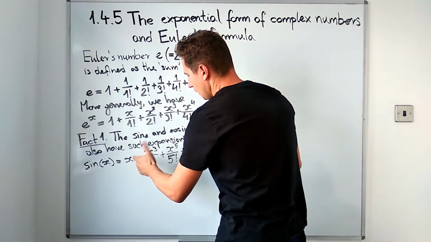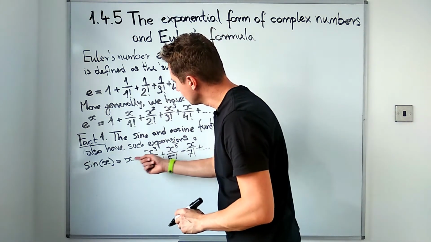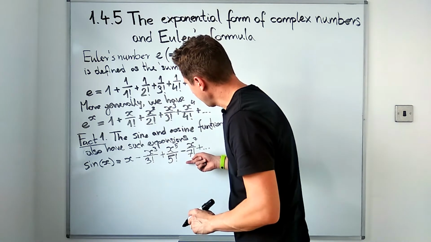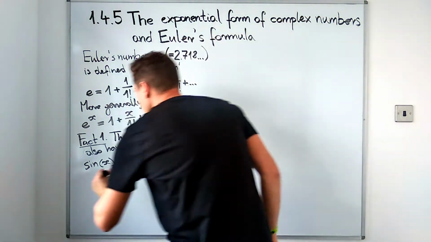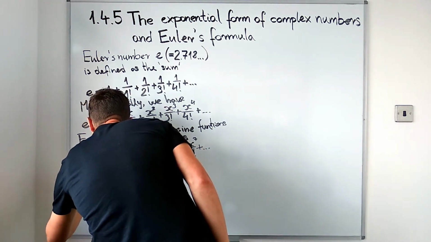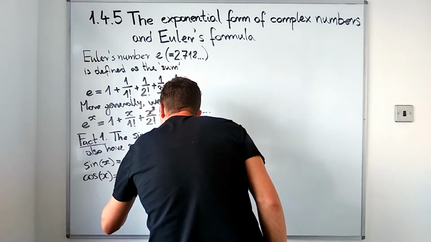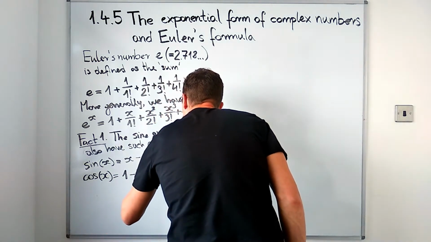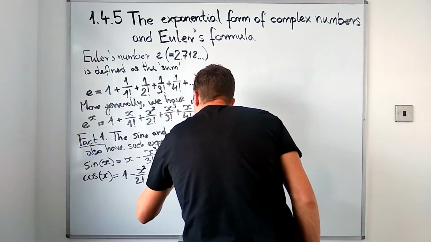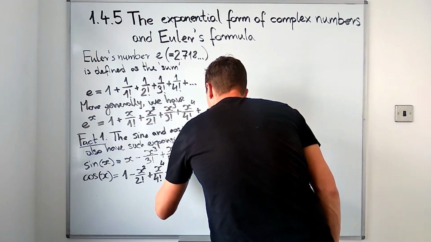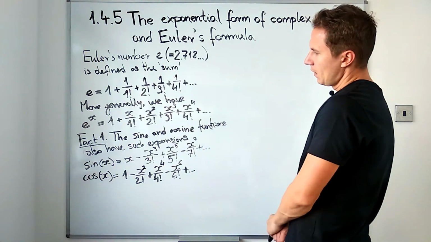The signs take turns, plus and minus, and we divide these powers of x by the factorials of odd numbers. So this is the series expansion for the sine of x. Similarly, for the cosine of x, we can write 1 minus x squared over 2 factorial plus x to the 4th over 4 factorial minus x to the power 6 over 6 factorial plus and minus and so on. So you get the idea.